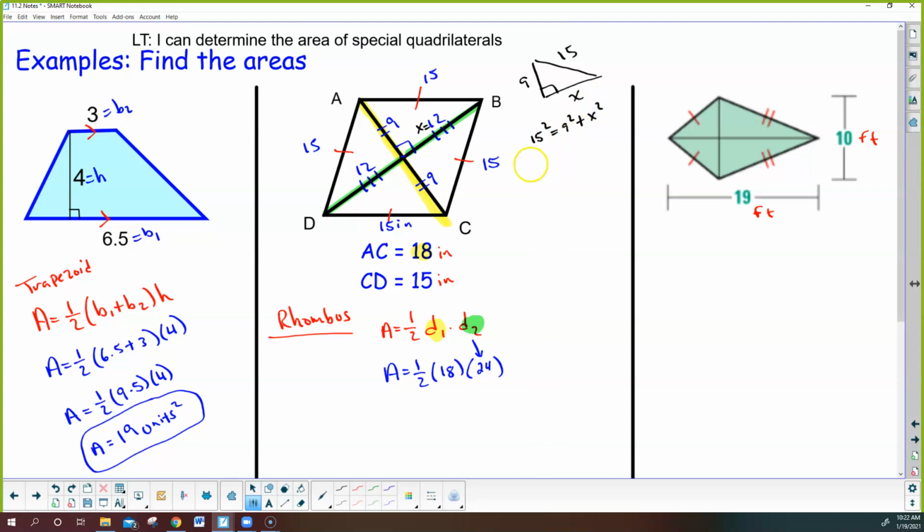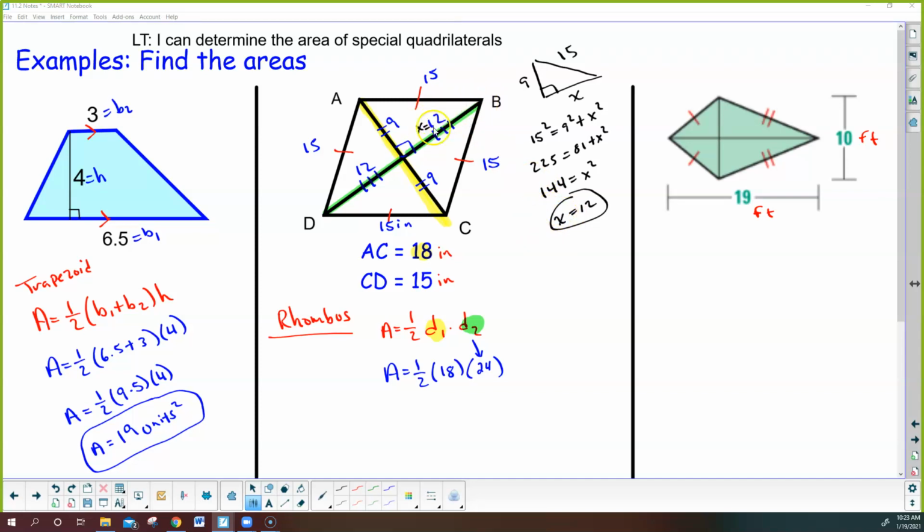You can do Pythagorean theorem, and just do all this work and find the length of x. All right, so that's where this 12 came from.